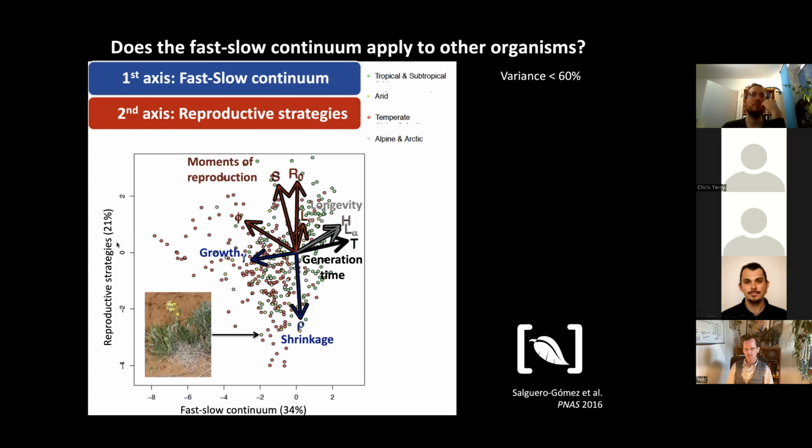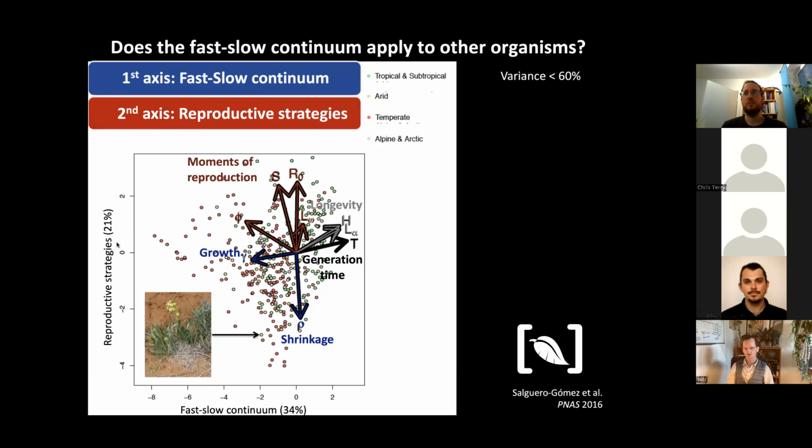And then the second axis is what we have come to call the reproductive strategies axis. In this case, it absorbs 21%. And it classifies species according to different moments of reproduction going up and the ability to decrease in size. So at the bottom, you have species that don't reproduce much, don't reproduce frequently, and don't have a really high R0, net reproductive value, and they do have a high ability to decrease in size from year to year.